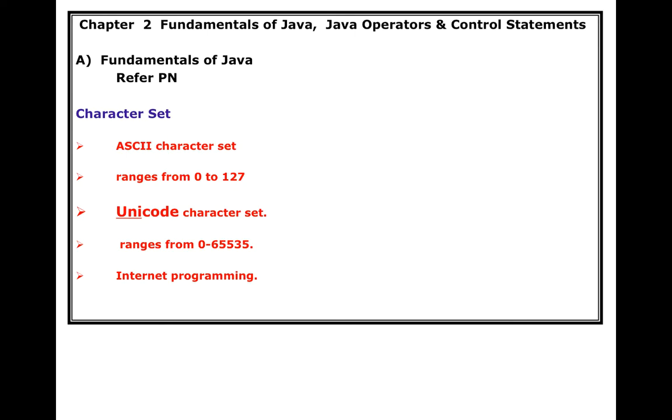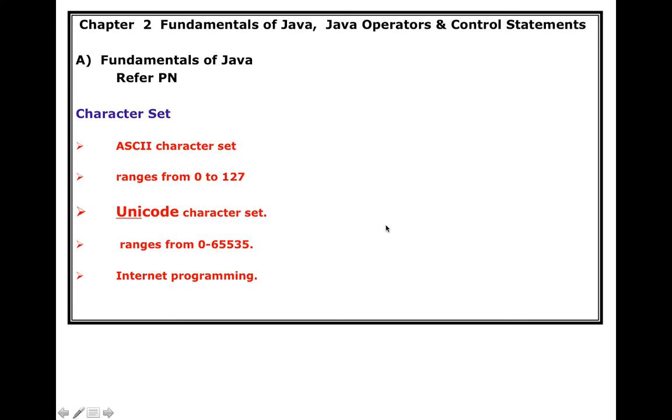So in Java, you can use characters of Hindi, Mandarin, French, Arabic, Japanese, and so on. And if you consider all the languages from all over the world, then the total is approximately 65,000. So that is why the range of Unicode is so large.